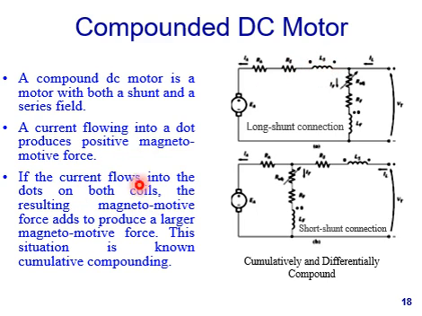If the current flows into the dots on both coils, the resulting MMF adds to produce a larger MMF. This situation is known as cumulative compounding. So in this case, it is cumulative compounding, and in this case it is differential compounding.